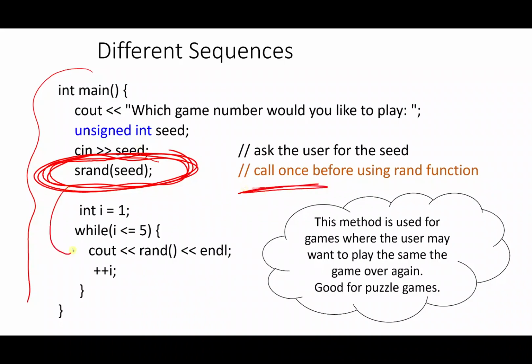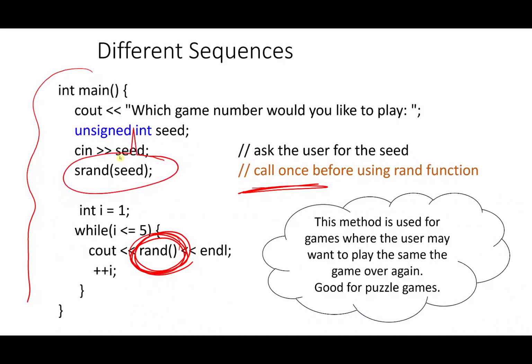Do not put it in the while loop, because otherwise you're going to set the seed every iteration, which pretty much gives you the same exact random number, right? The same exact random number. So I put the seed outside and I take the seed from the user.